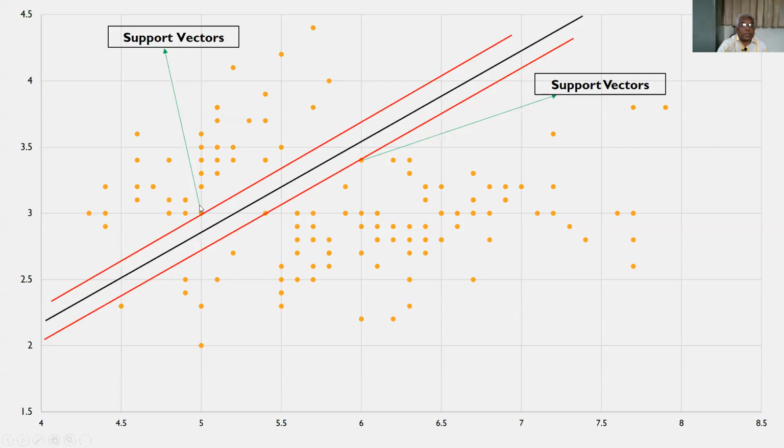So that is why this point is called a support vector. This point is also called a support vector, and with the help of these we have to arrange our mathematical model that will give the separation. So this is the logic. In regression analysis, the idea is minimum distance, minimum error, minimum residual.